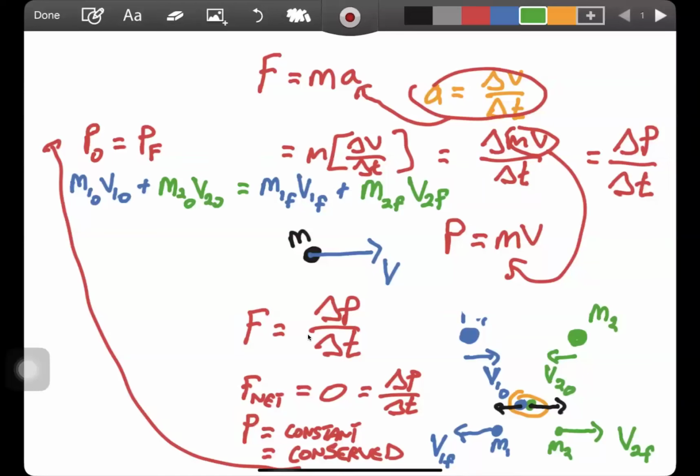And so momentum conservation allows me to write the equation I just did, where I summed up the momenta of both objects before, and I can equate them to the momenta of both objects afterwards. What I just showed you is what's called a perfectly elastic collision.